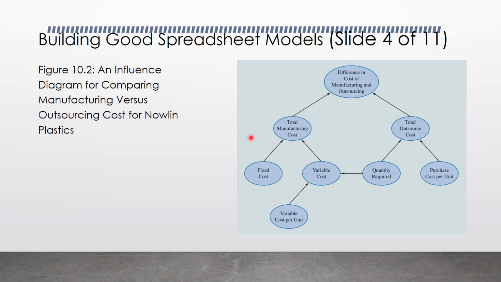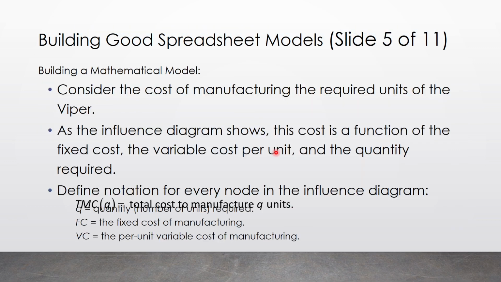Now the task is to use the influence diagram to build the mathematical model. Let us first consider the cost of manufacturing the required units of the Viper. As the influence diagram shows, this cost is a function of the fixed cost, the variable cost per unit, and the quantity required.